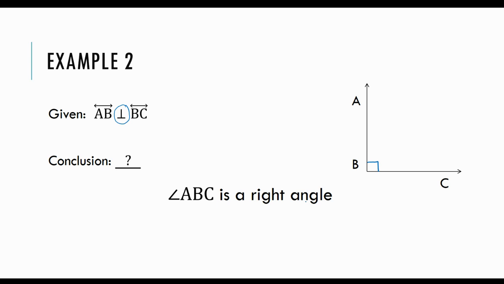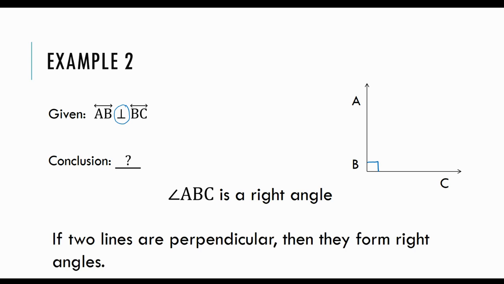If we're concluding that we have a right angle, then we would say they form a right angle. So if 2 lines are perpendicular, then they form right angles. The if part is what was given, the then part is what we are concluding. It's a broad statement, but our actual conclusion is a very specific statement based off of the diagram.